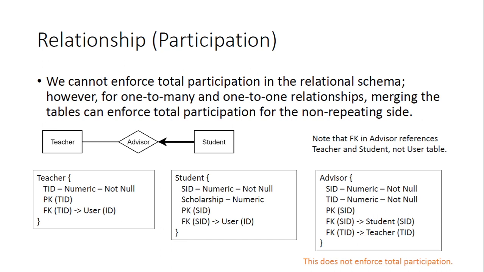So for relationships, we can also talk about participation. We cannot enforce total participation for every relationship. There need to be some conditions satisfied so that we can enforce total participation on the database side, on the design side. Any type of total participation can also be enforced on the application side.